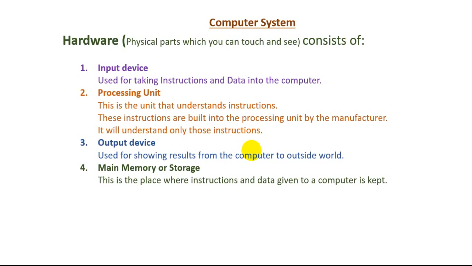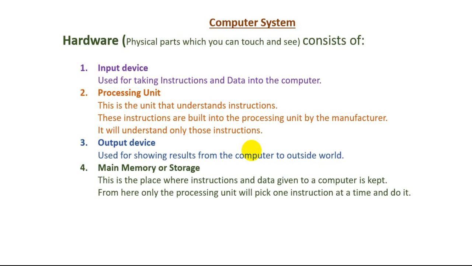The unit that keeps this information recorded until the processing unit takes over and does it one by one is the main storage. So when you enter instructions and data into the computer through the input device, it goes into the main storage, which is a part of the hardware. From here only, the processing unit will pick one instruction at a time and do it. The processing unit is the one who is going to do the instruction, but main storage is the place where these instruction sets are kept.